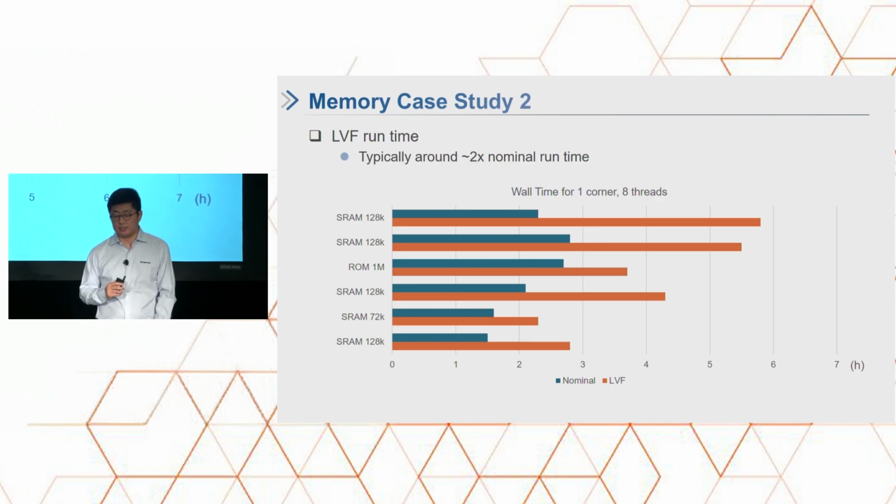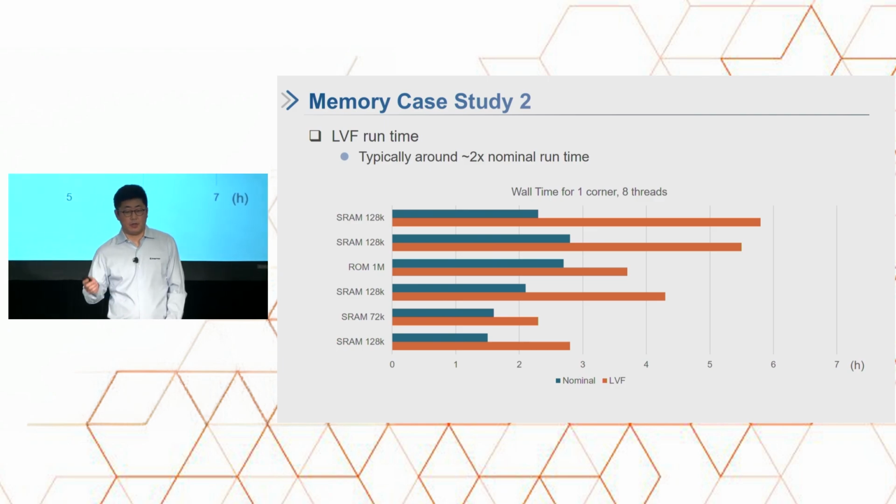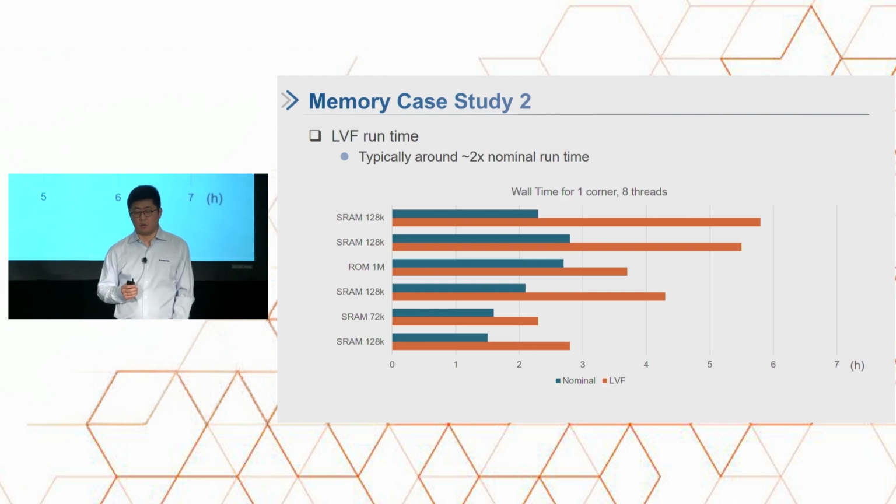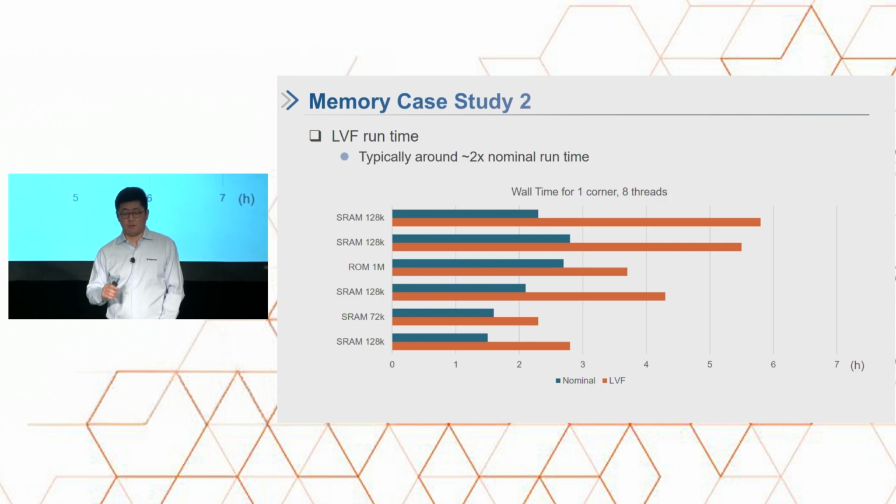So this is super fast compared to any other method that we know on the market. With twice the characterization time, we can already get the full library with all the data in variation format.